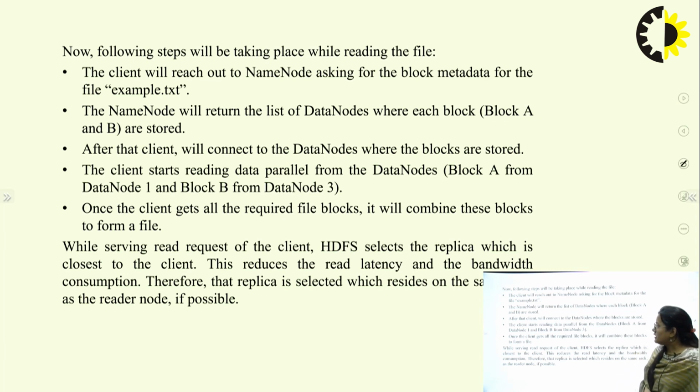While serving the read request of the client, HDFS selects the replica which is closest to the client. This reduces the read latency and the bandwidth consumption. Therefore, the replica which resides on the same rack as the reader node is selected if possible.